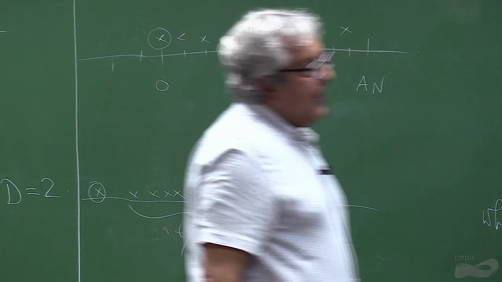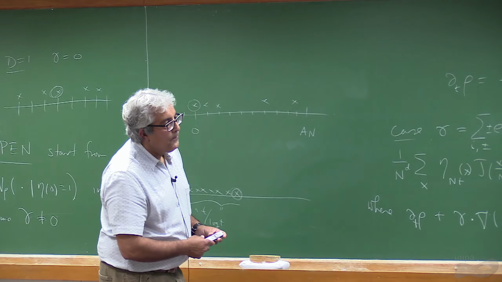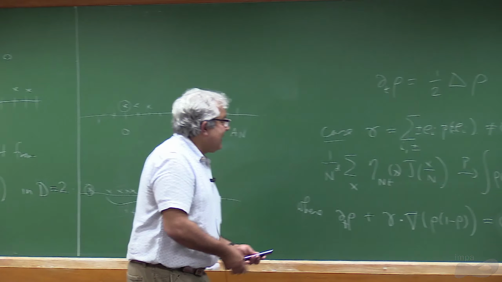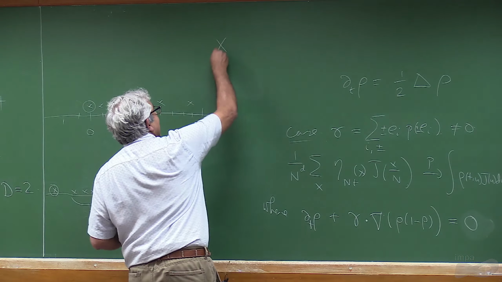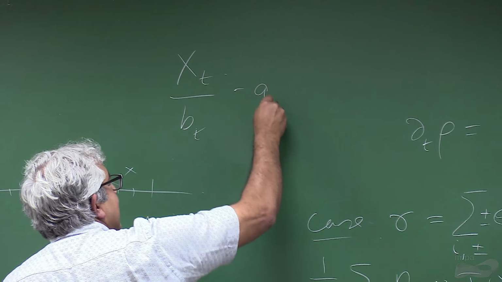Sorry? Yeah, this thing that we did before, x_t over b_t minus a_t.